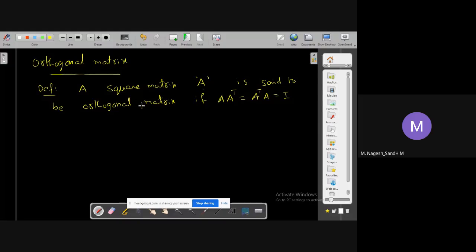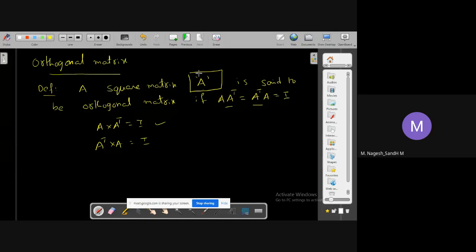That means when you multiply A into A transpose, you have to get identity. In the same way, A transpose into A also you have to get identity. If both of them are the identity matrix, then we say this matrix A is an orthogonal matrix.